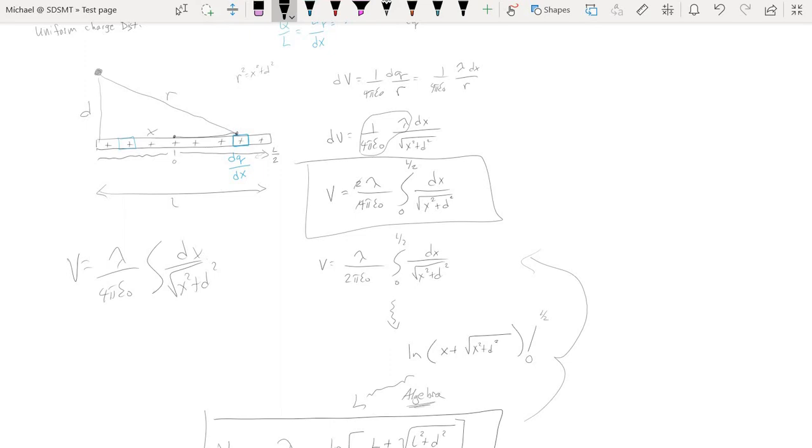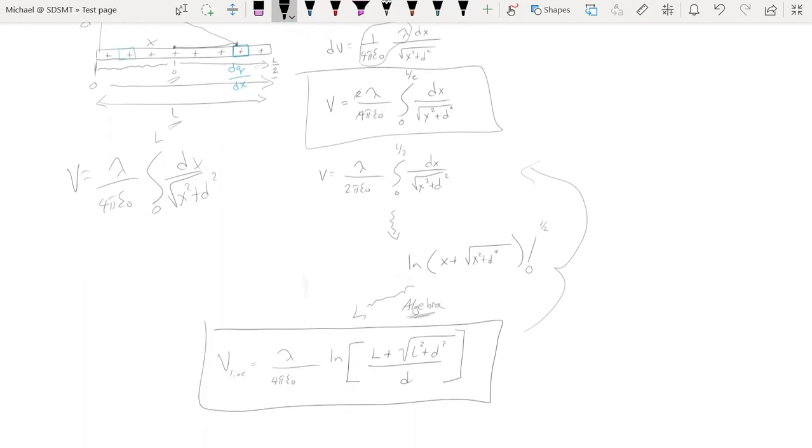And instead of starting at the midpoint and going to L over 2, and then multiplying by 2 to duplicate the left-hand side, we have to start at 0 and go the full length of L. And from there, we would evaluate the same outcome for the integral.